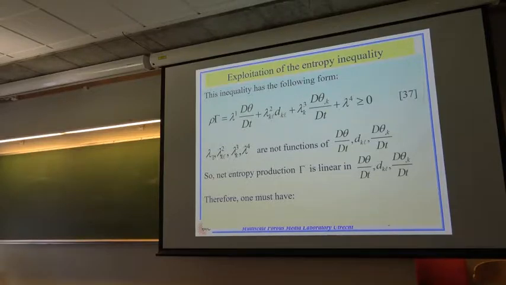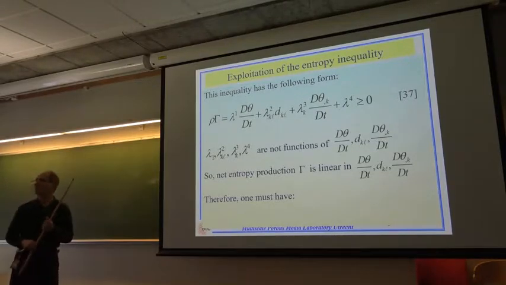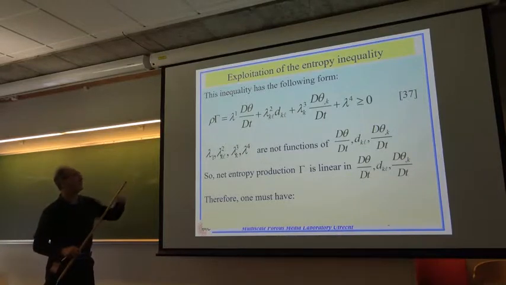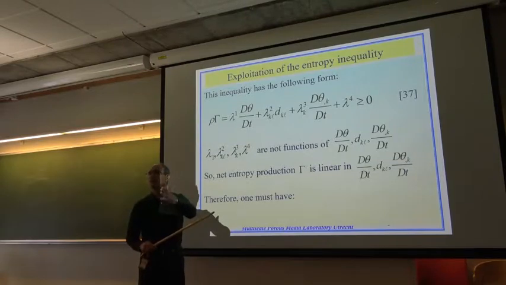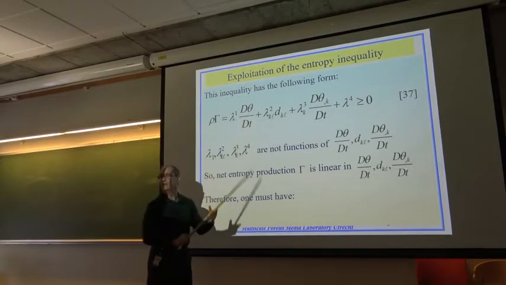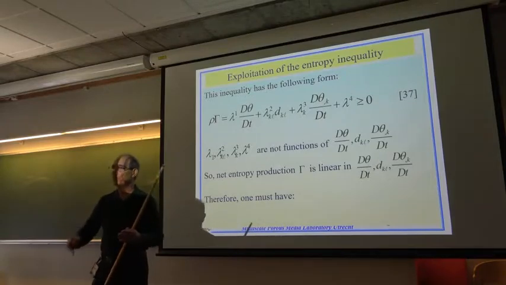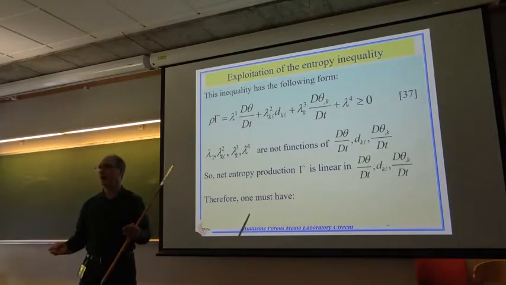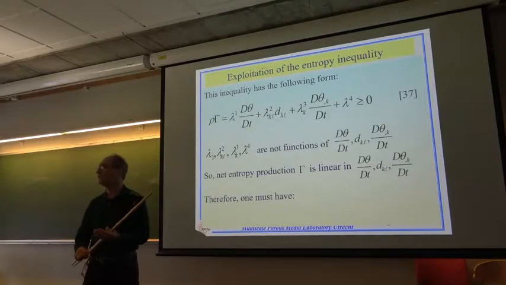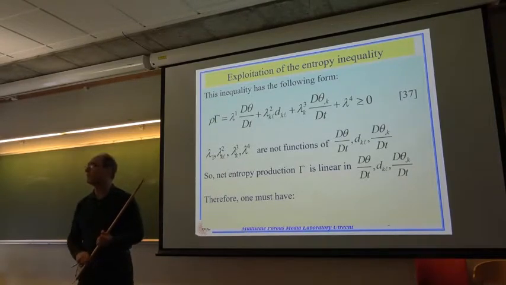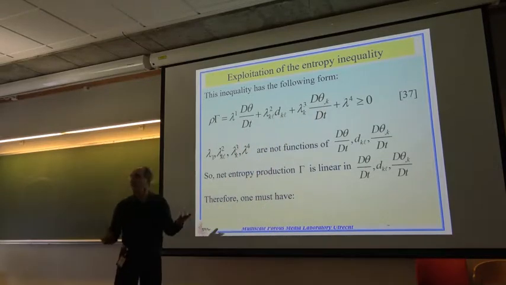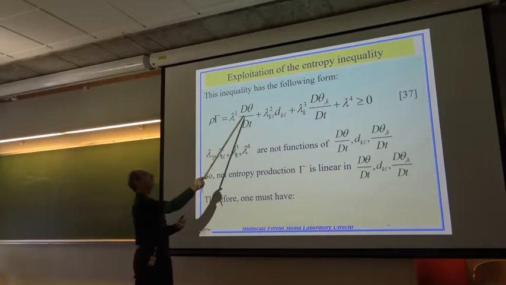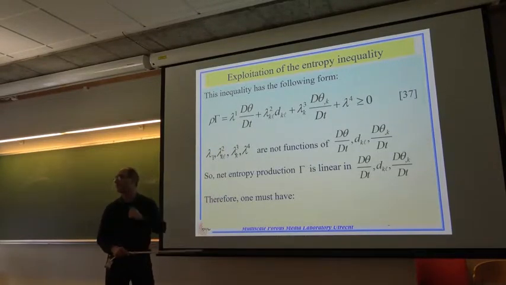What does it tell me? What will anyone's mathematics tell us? For this inequality to be valid for all possible numbers, d theta dt can be a large positive number, could be a large negative number. I start with initial conditions and boundary conditions such that I get a huge temperature time derivative, or a huge this or that. So for all thermodynamic states, d theta dt can be a large negative or large positive number.